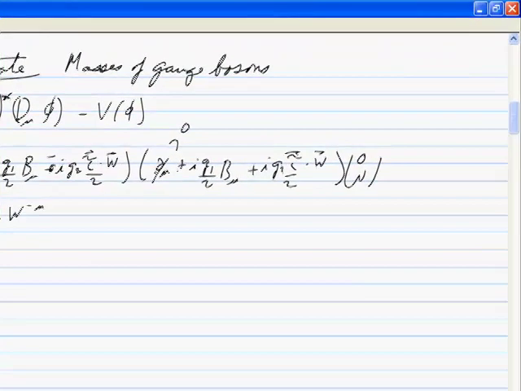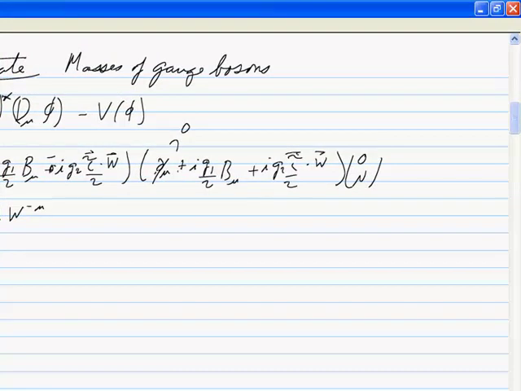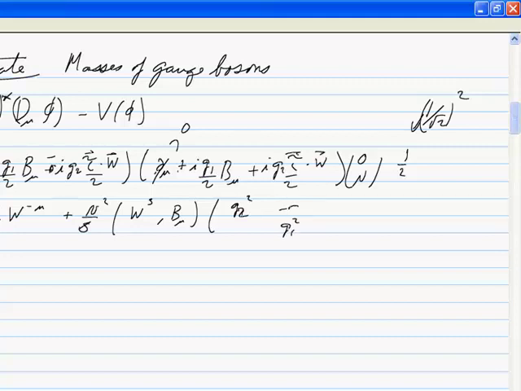That comes from the lower components of the tau dot W. And then the other pieces come out to be, actually there was a 1/2 here from the 1 over the square root of 2 squared, v squared over 8 times (g1 squared, g2 squared, g1 squared minus g1 g2, g1 g2) with W3 and B_mu.